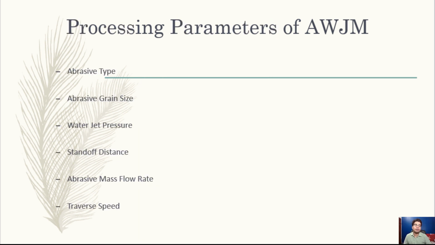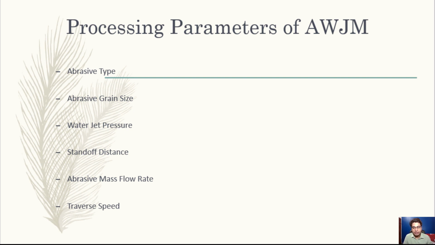Now, the processing parameters of abrasive water jet machining include abrasive type, abrasive grain size, water jet pressure, standoff distance, abrasive mass flow rate and traverse speed.